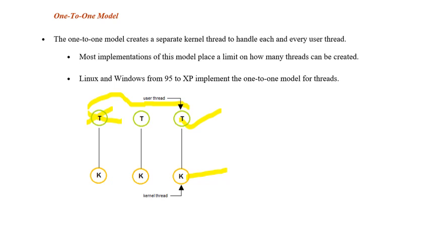And one more main disadvantage in the one-to-one model is that the operating system restricts the number of threads supported by the system. Suppose the operating system restricts to only 5 threads. If there are 50 threads to be executed, then each time only 5 threads can be executed.